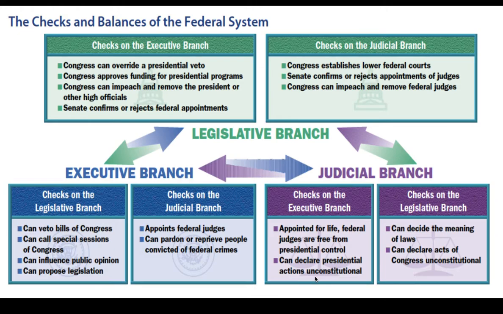There's a debate now whether he should be doing that now or should he wait till after the election. But still, it's not up to him. He nominated the person, but now it's up to the Senate to vote and approve her to the office of Supreme Court Justice. There's plenty of other examples here, so you should take some time to look over these and understand some of these ways that there's checks and balances to the different powers of the different branches of the national government.